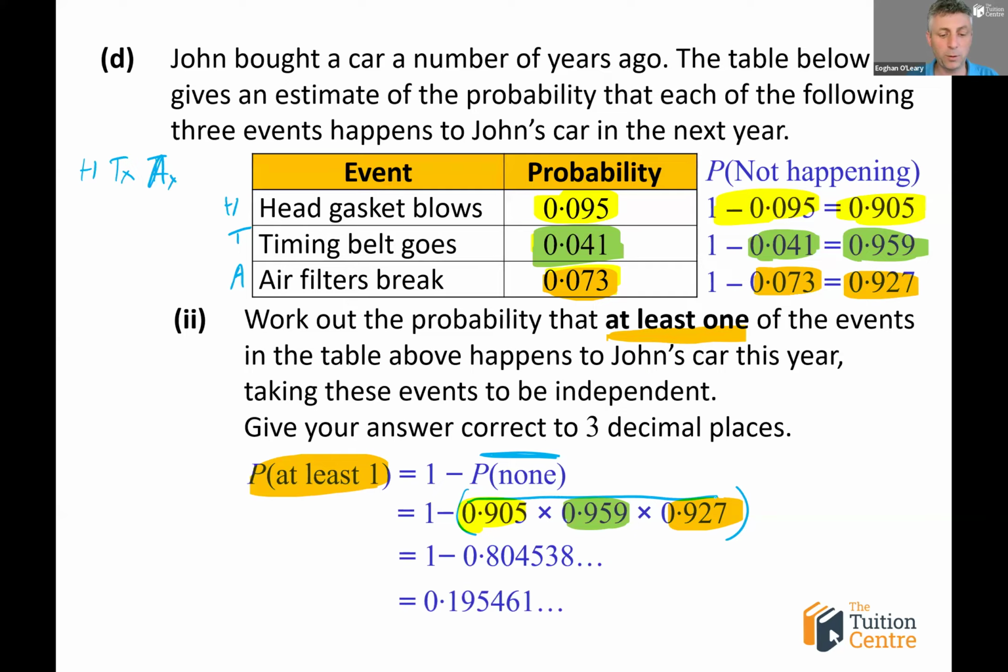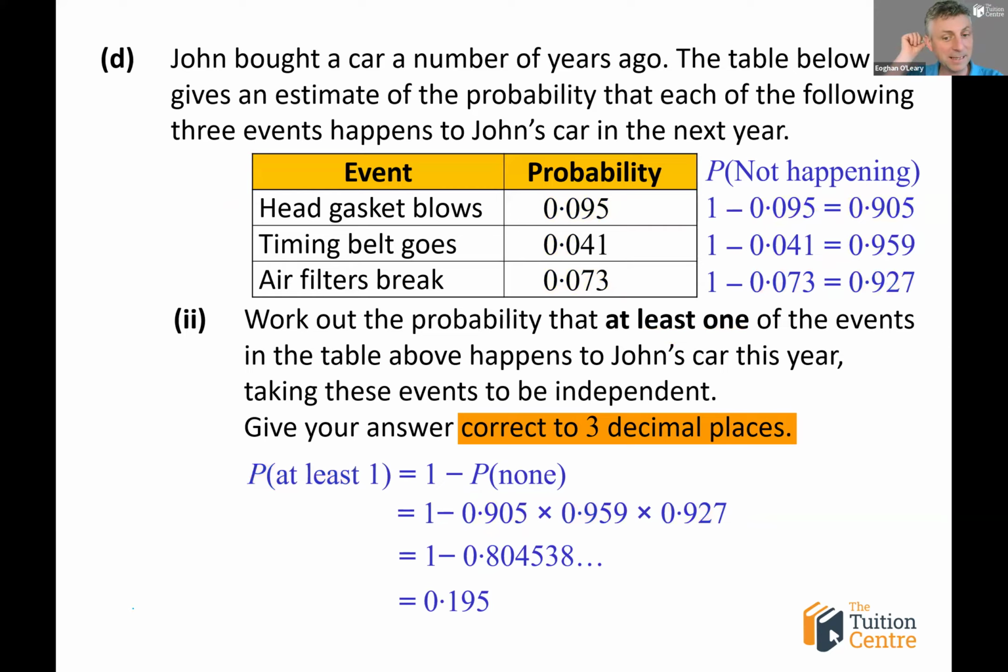I take that away from 1 and I get my answer of 0.195, correct to 3 decimal places. So I think that's a very good example because we use the 1 minus in the simplest sense here and in a more complicated way down here. So that would be the answer for that part.